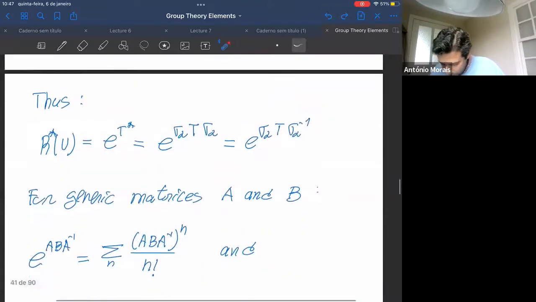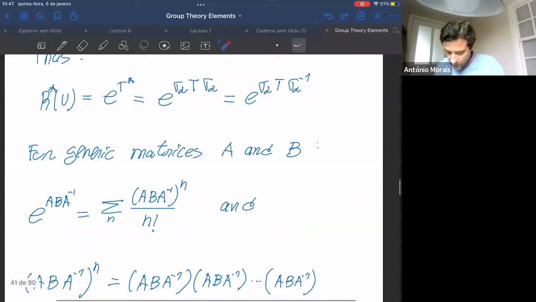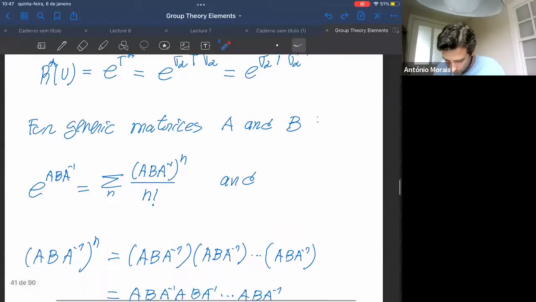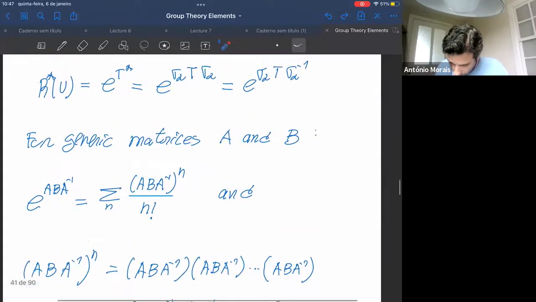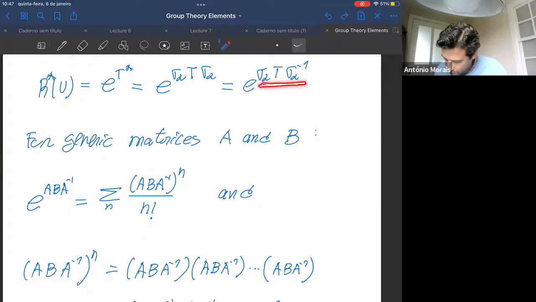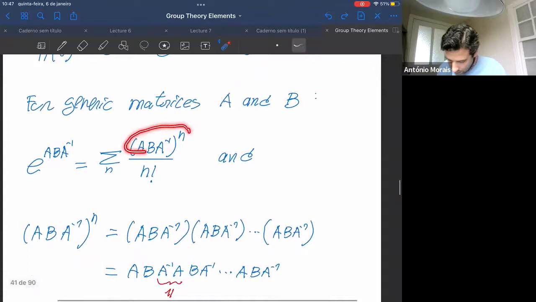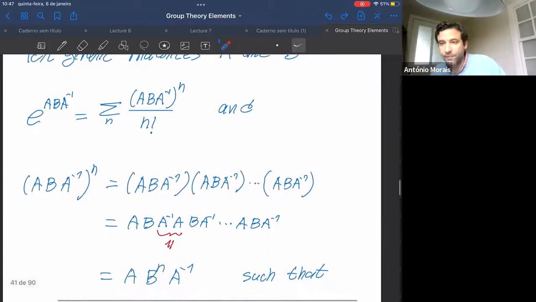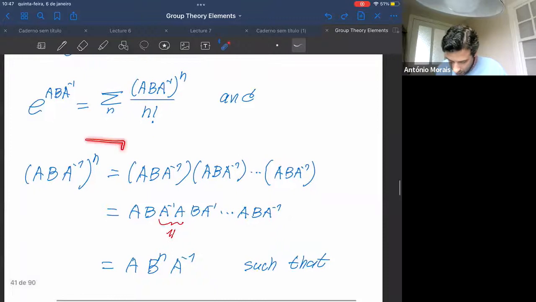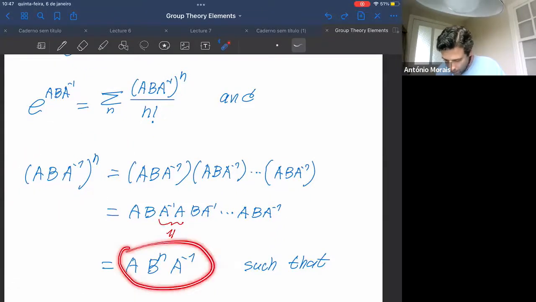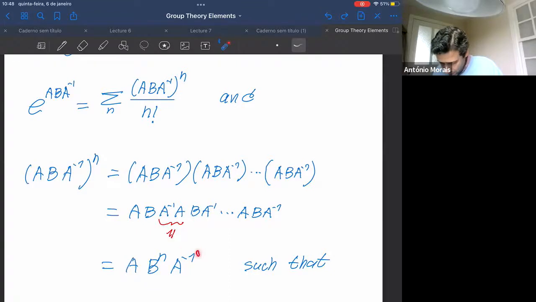And now recalling, so this is just a bit of math. Now this is just an auxiliary calculation. When you have an exponential with the three matrices, and this is what you have here, you have three matrices here on top of this form, you can write this in exponential form, expand the numerator, and because of the unitarity of these matrices, you can remove all these intermediate parts where you have identities, such that this is equal to a b to the power of n times a minus 1, which is what you get.